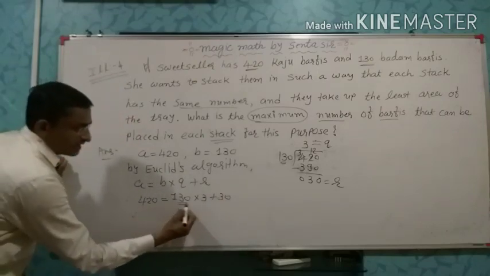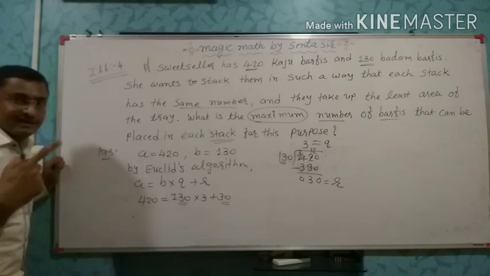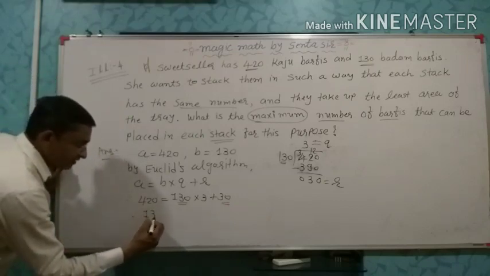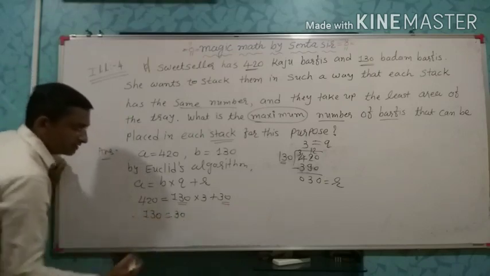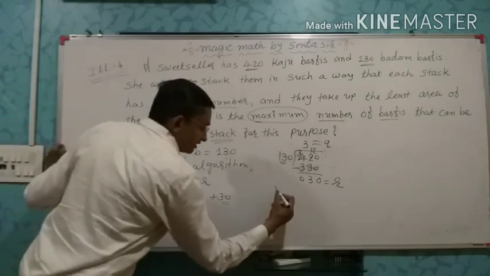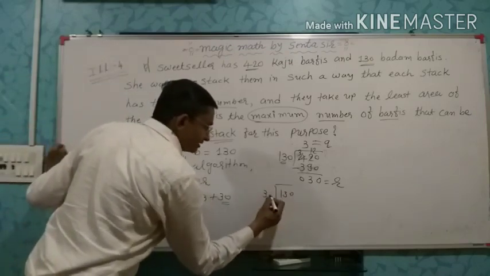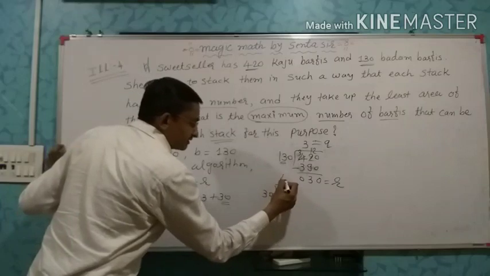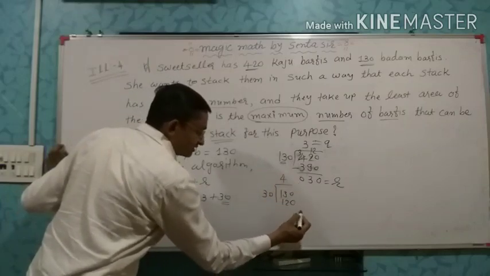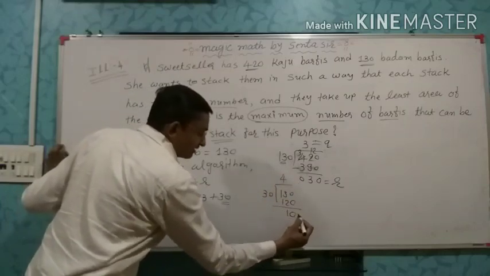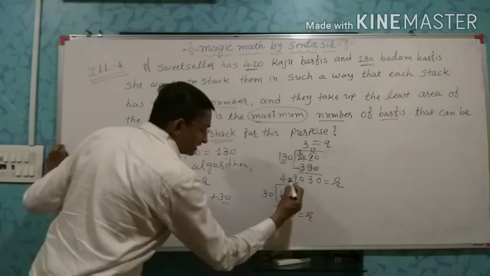Friends, we take second number and fourth number in next step. 130 is equal to 30. 130 divided by 30. 3 fours are 12. 0 plus 0. Remainder is 10. Quotient is 4.